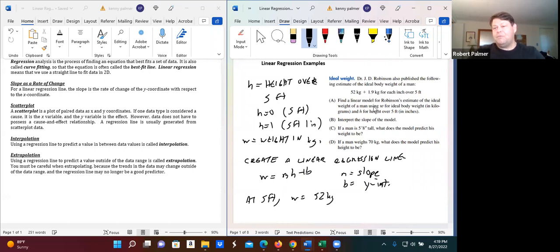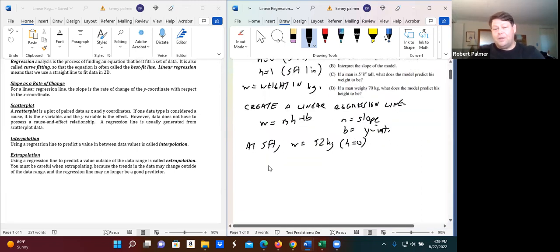Remember, this is 1.9 for every inch over 5 feet. And this corresponds to H equals 0, at 5 feet. So our B, our y-intercept, is going to be 52. Since your x coordinate, or H, is 0, that's 52.